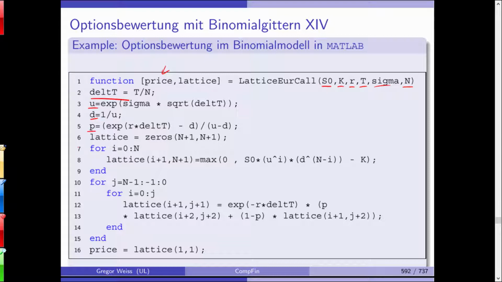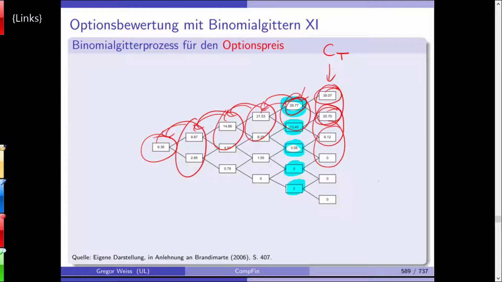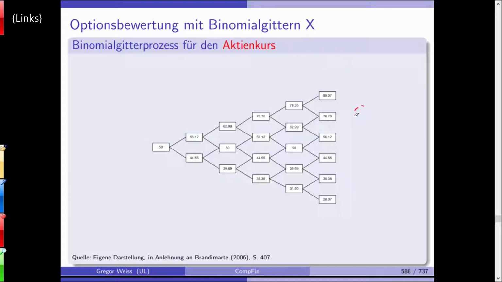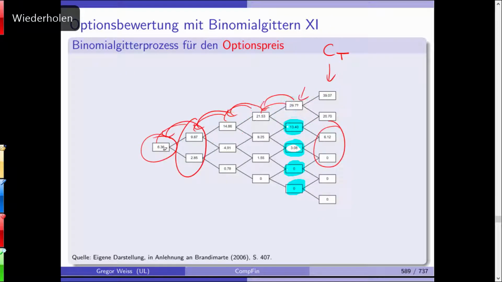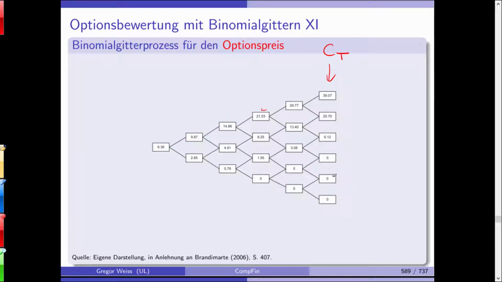And you initialize the lattice as zeros, as a matrix with the zeros. And then in the last column, you can immediately write down all those option payouts. And this here is just, no, this here. This is this step.